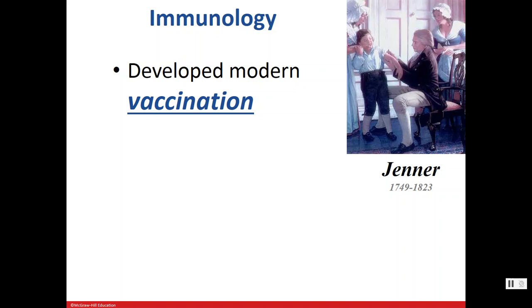But what was really controversial about it was not that he injected him with the cowpox virus, it's that a couple months later he came back and injected that same child with the smallpox virus, and that child did not get smallpox. So that was really the risky factor there. But because he didn't get it, that was the basis of what we now know as modern vaccination. So that's how the word vaccination comes about. Vaccinia is the Latinized word for cowpox. Vacca means cow. Vaccination is the basis of that.